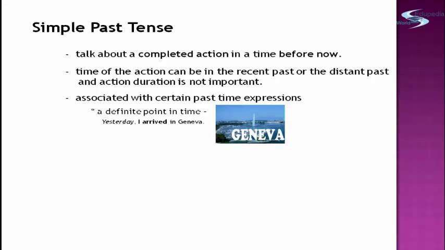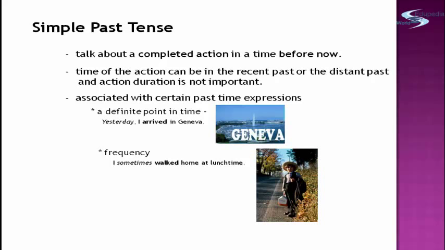So, example for this is, yesterday, I arrived in Geneva. The word arrived is the past tense of the verb, and then it has a definite point in time, which is yesterday. It is also associated with frequency.